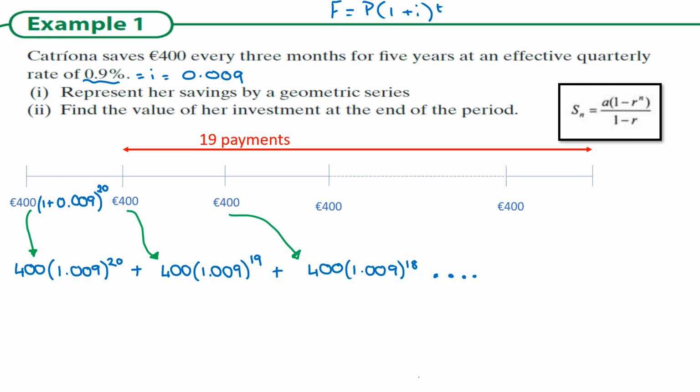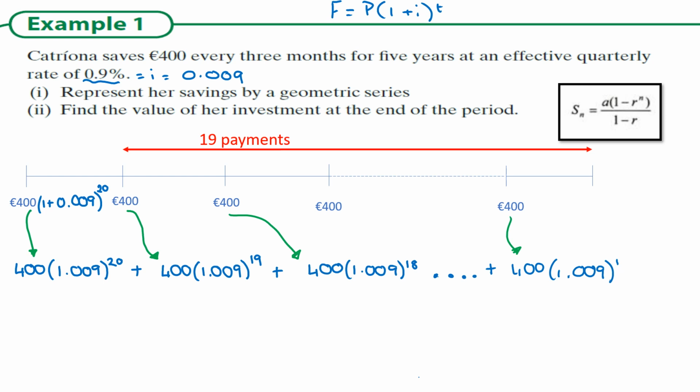Now, think about these last two pieces. Each of these boxes is effectively one period. So this 400 here is going to be 400 invested for simply one period, 1.009 to the power of 1.